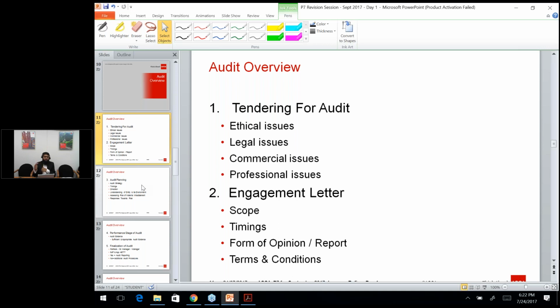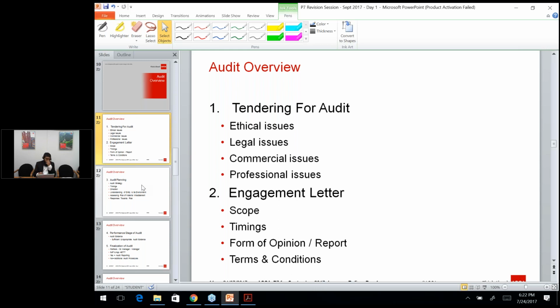Once we have gone through the various steps of the audit, then we will start discussing every single step in detail. I personally think it is very important for you to understand the overall audit overview, how the audit actually operates.